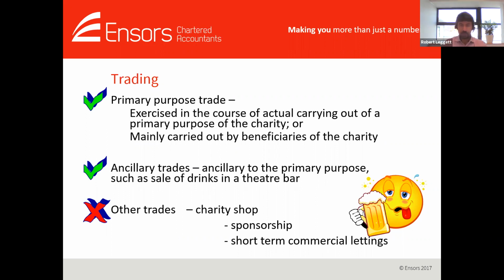Sponsorship certainly is a particular issue we find for many charities. If you provide too much to the donor, so if you're making pretty prominent displays of their logo, allowing them to use the charity's logo, this is the sort of thing that can move us into taxable sponsorship.